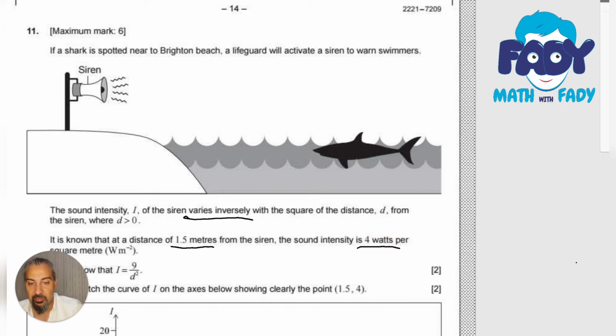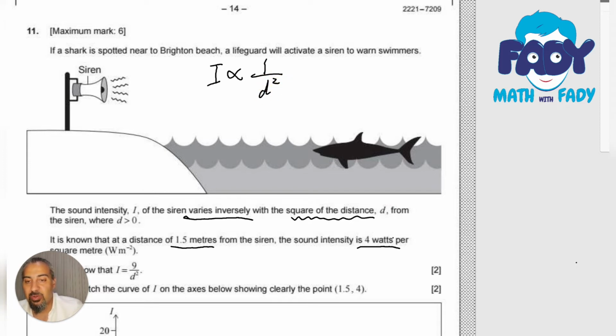So, first, it is given that the sound intensity I of the siren varies inversely with 1 over the square of the distance d, so d squared.